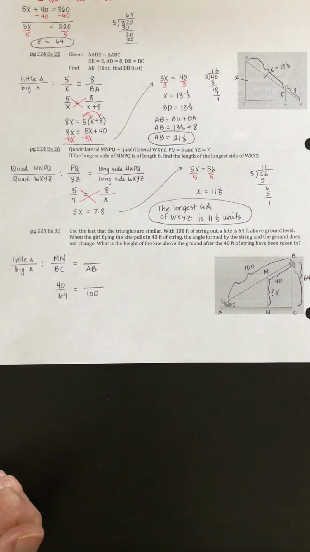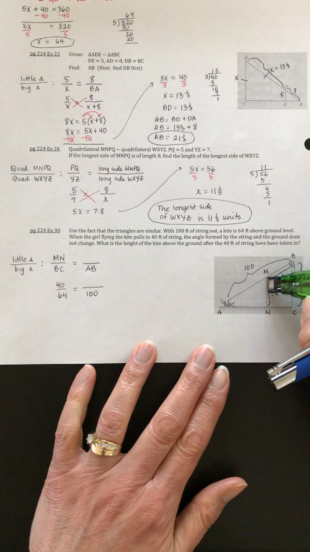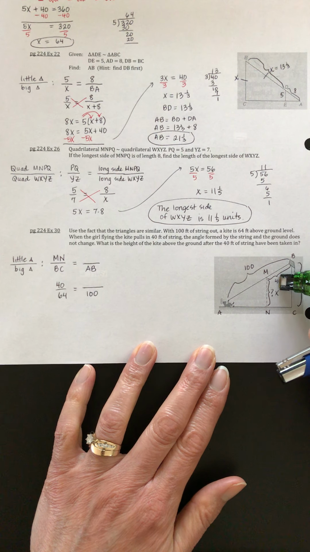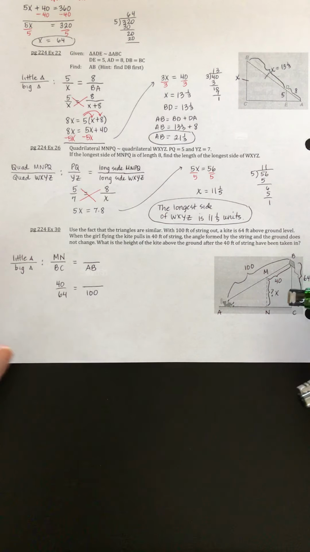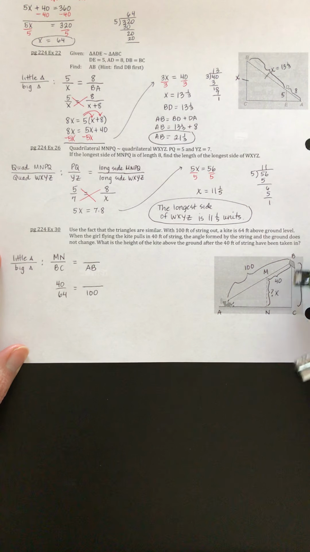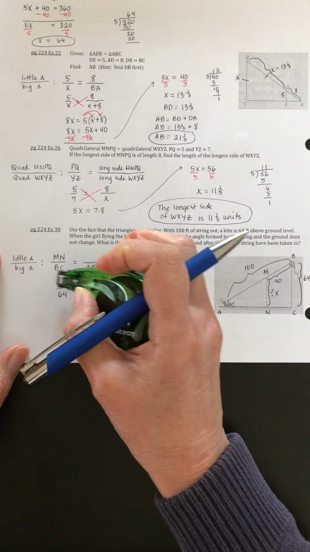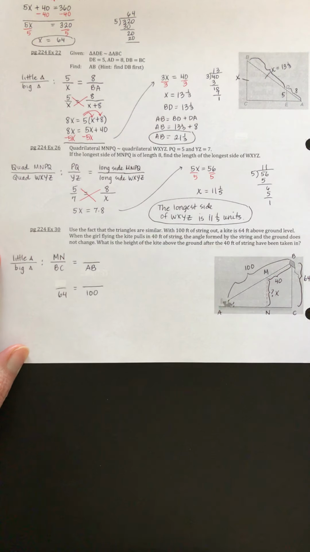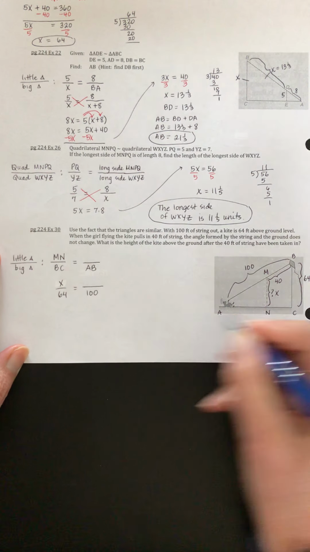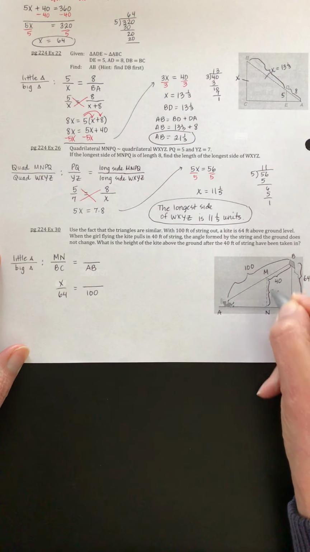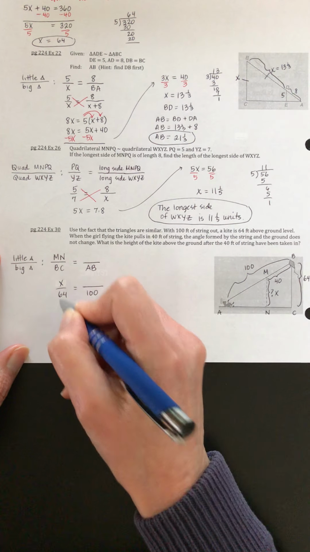I see an error I made. When I was putting in this side, I looked quickly and thought that was 40, but actually that's the x, isn't it? So this side here is x, should be over this side 64. Hopefully you already caught that error, so let's change that. These two sides correspond. This one is x, this one is 64.